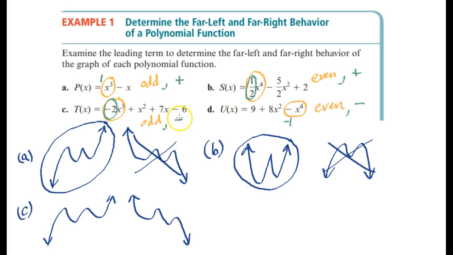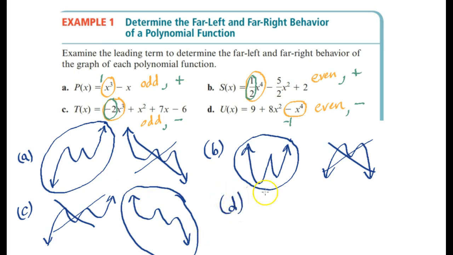The negative tells us a sub n is less than 0, so the leading coefficient is less than 0. That tells us we're in the second row. So we have this result, and it's not this result. On the left end it's going up, and on the right end it's going down.